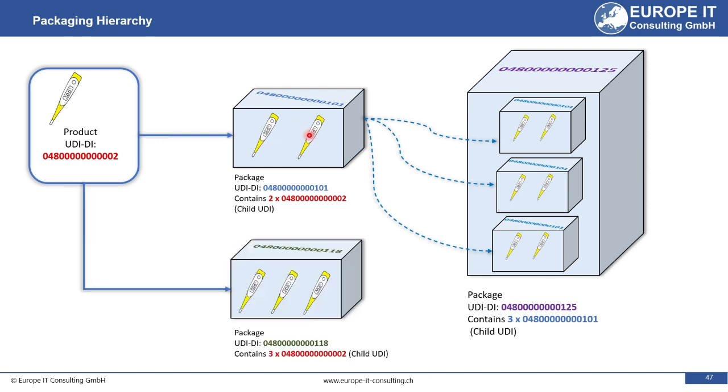We could also have a second, different intermediate level, and this is also possible to enter in the EUDAMED database. It contains 3 times the single unit, the child UDI. It's the same as here, but here we have 3 and there 2, and this one also has its own UDI-DI code.